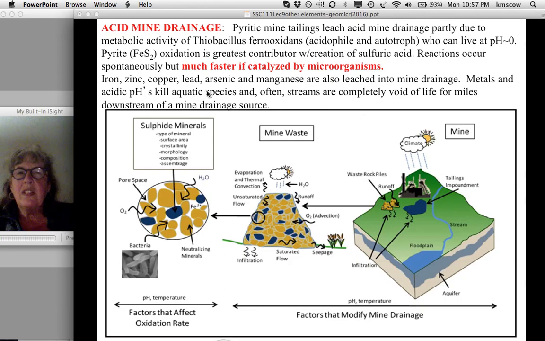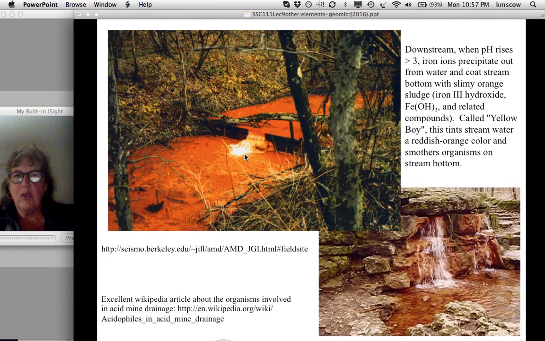So what's going to happen then is you're going to have this sudden liberation of all these metals that were present in these sulfides, and that includes iron, zinc, copper, lead, arsenic. It could be all kinds of things that are leached from the drainage sites and often leach into these streams.